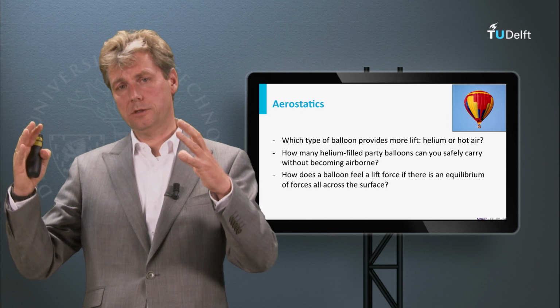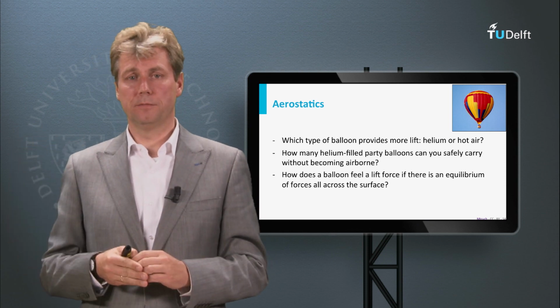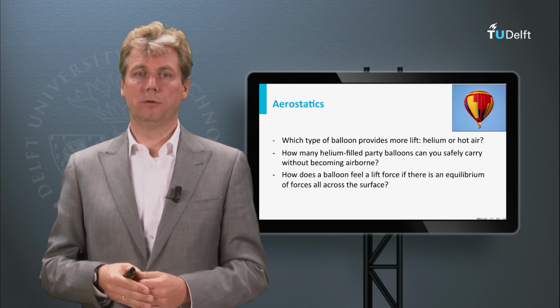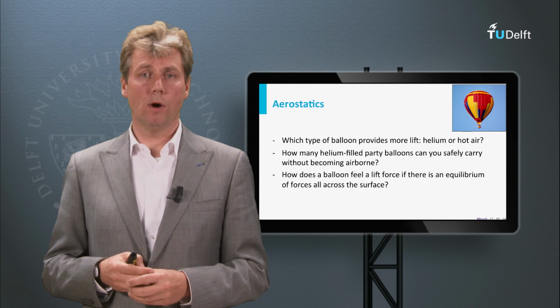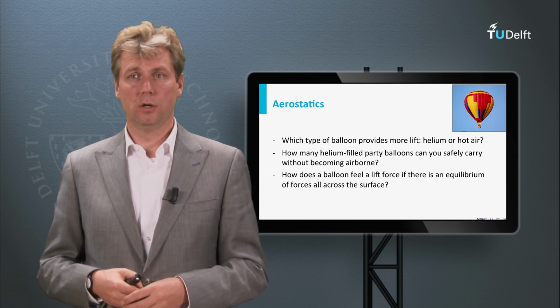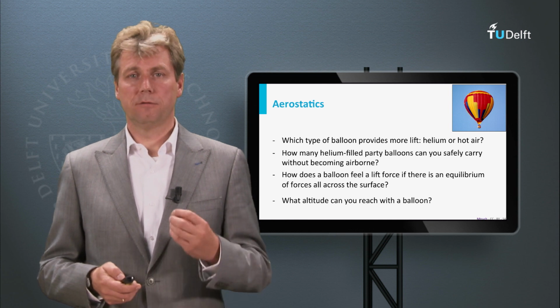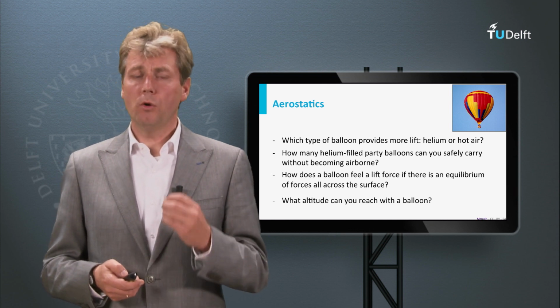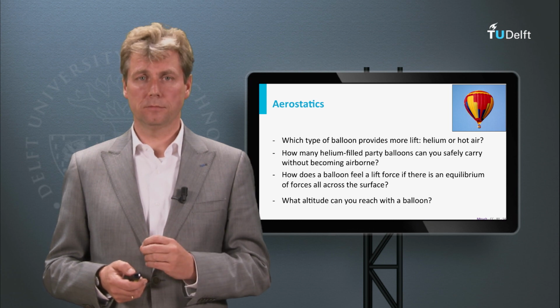So the balloon doesn't get larger, doesn't get smaller. There's an equilibrium of forces along the surface. Well, if there's an equilibrium of forces along the surface, why does a helium balloon then go up? How does it even know what is up to begin with? And final question is, how could you calculate what altitude you can reach with a balloon?